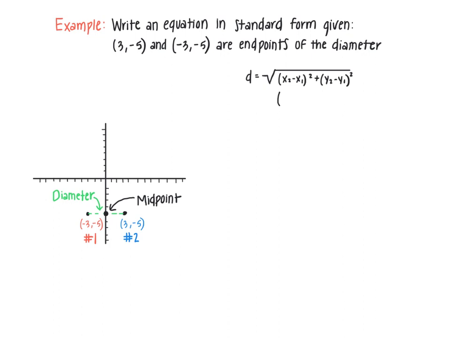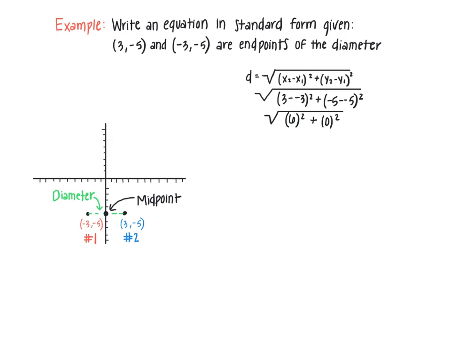So we have 3 minus -3 squared plus -5 minus -5 squared. 3 minus -3 is 3 plus 3, which gives us 6 squared. And then -5 minus -5 is actually -5 plus 5, which gives us 0 squared.